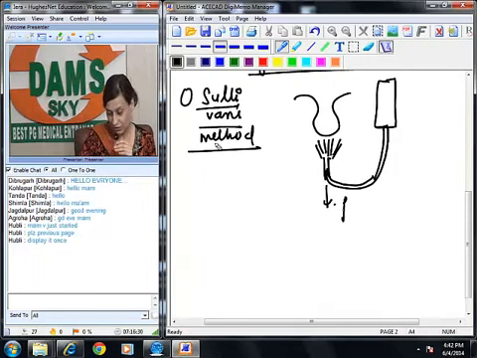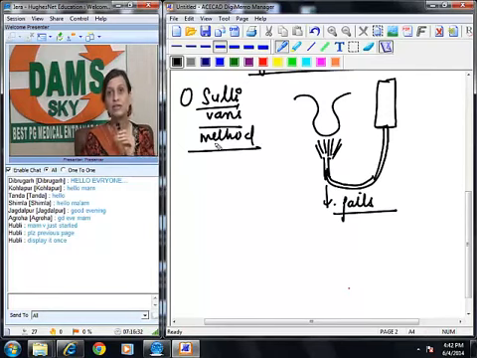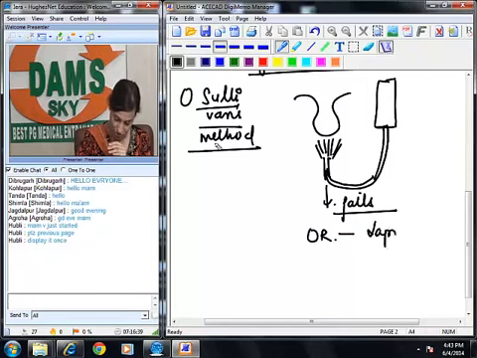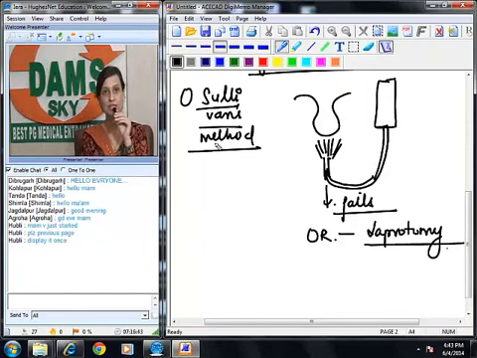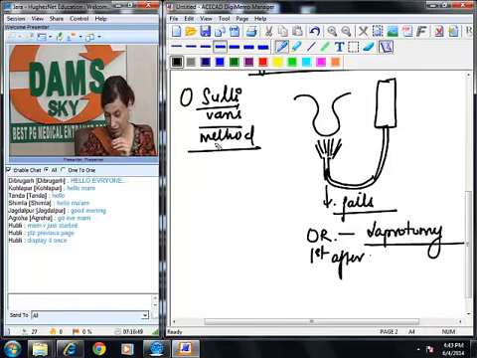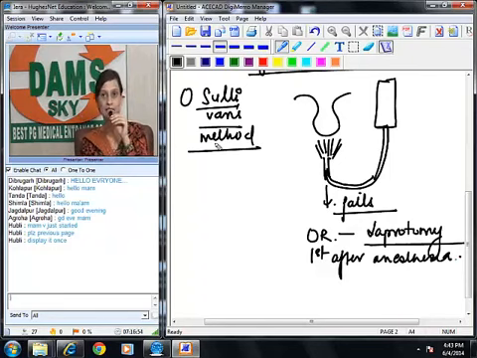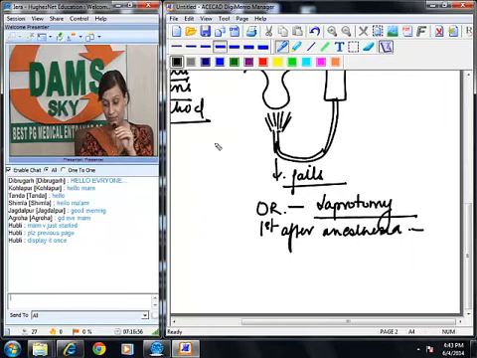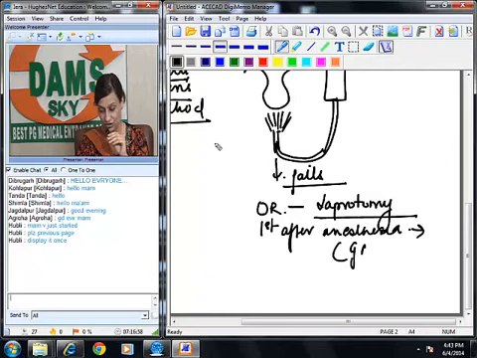If the hydrostatic method also fails, then the next step is to take the patient to the operating room, and what we do is a laparotomy. Now when you first take the patient to the operating room, again the first thing we do is give anesthesia. What is the preference of anesthesia here? It is going to be a general anesthesia.